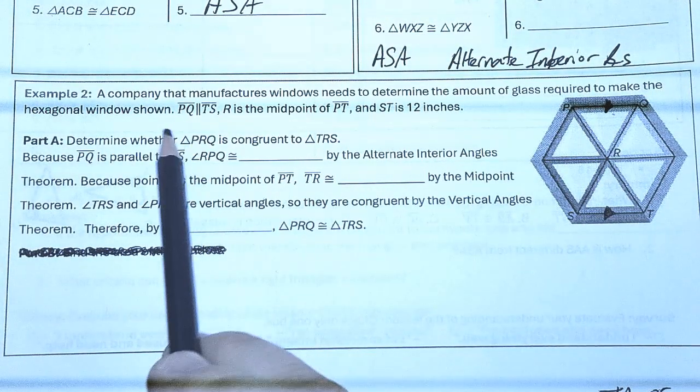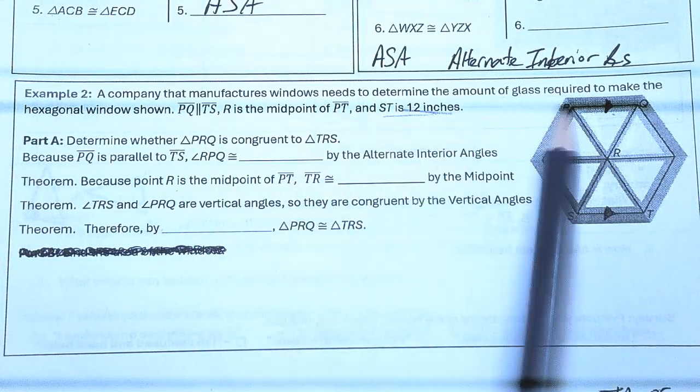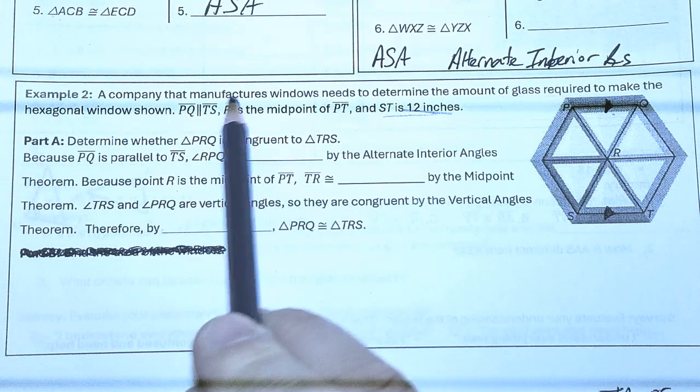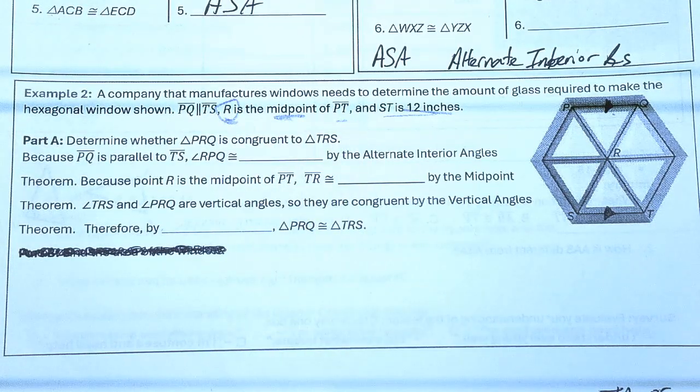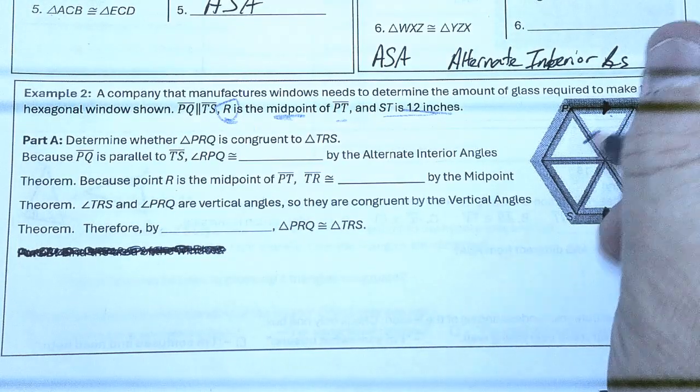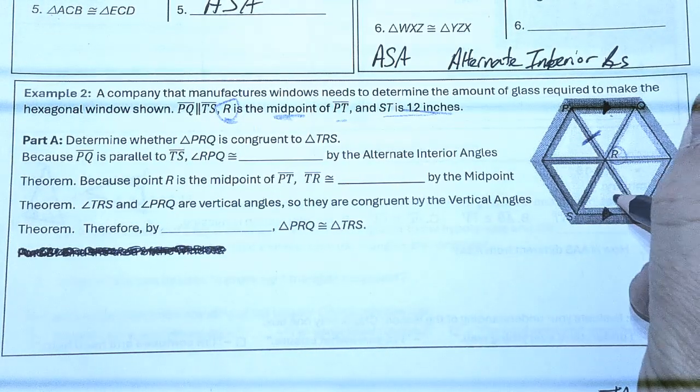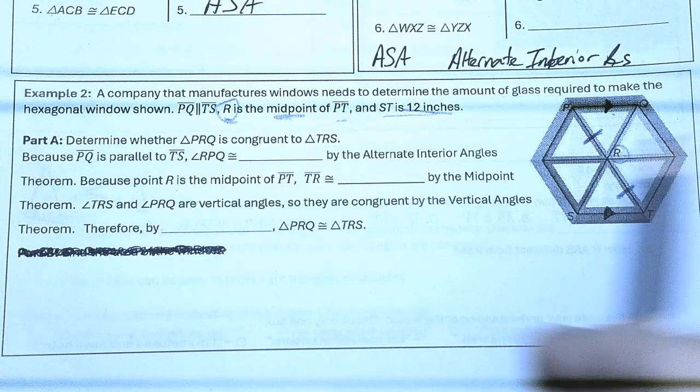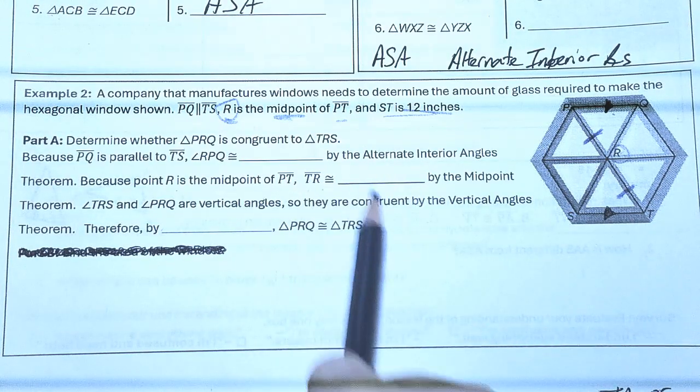What else did they tell us? They also told us R is the midpoint of PT. So if R is the midpoint of PT, that means this side PR and this side TR are congruent.